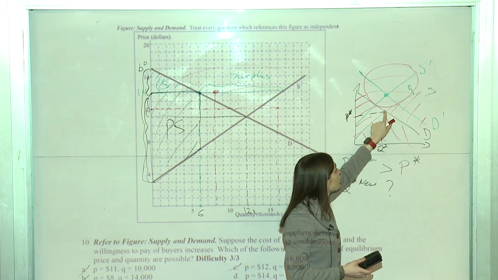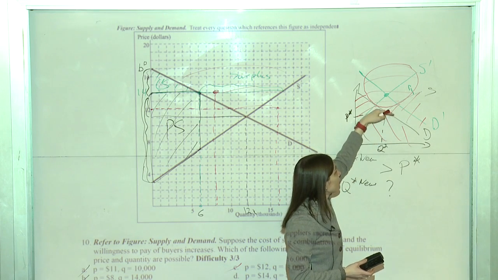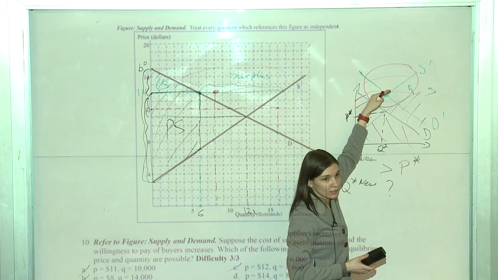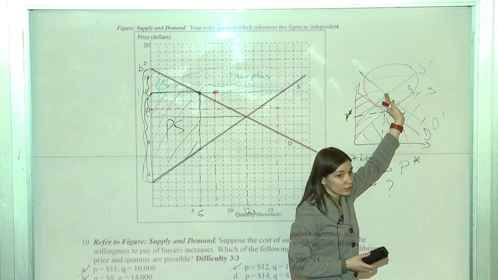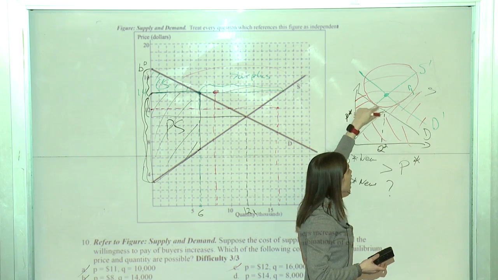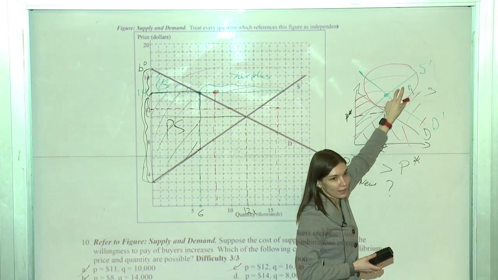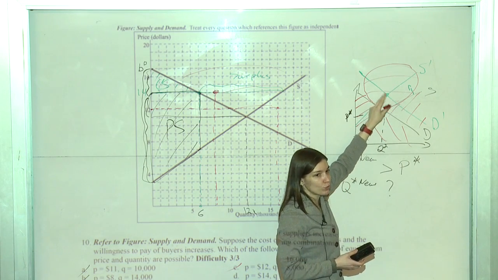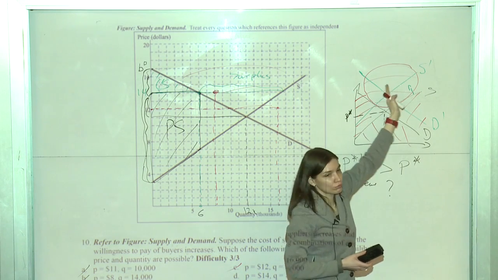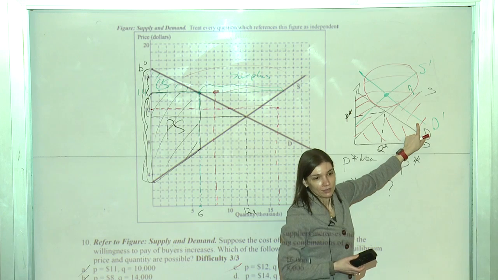Right? We do know that the supply curve is going this way, and the demand curve is going that way. So their intersection can only be above the supply and demand curve in this quadrant here. There's no way for them to move to the left and to the right and intersect here, right?